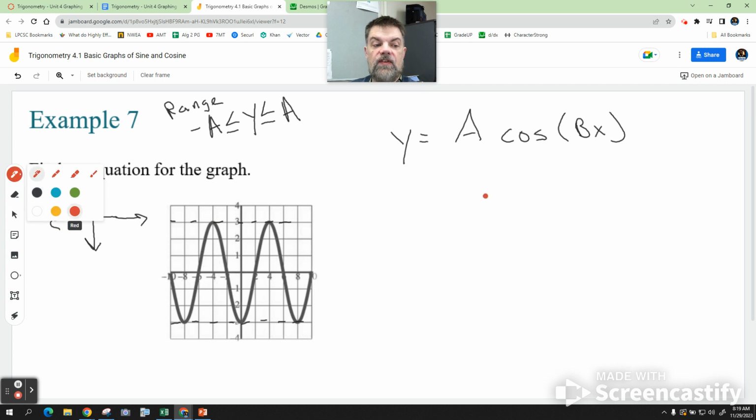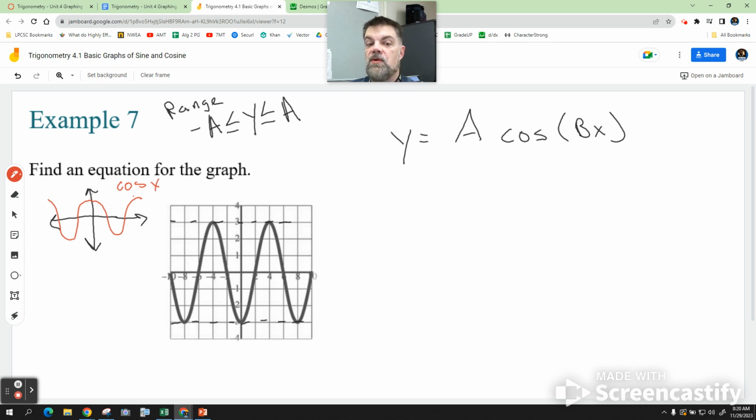Now, we know also, let's think about this too. We know for a fact that cosine kind of does this thing. That's what cosine looks like, right? It kind of looks like this. It's so hard to draw with this tablet. So that's what cosine looks like. What do you notice about our function compared to cosine?